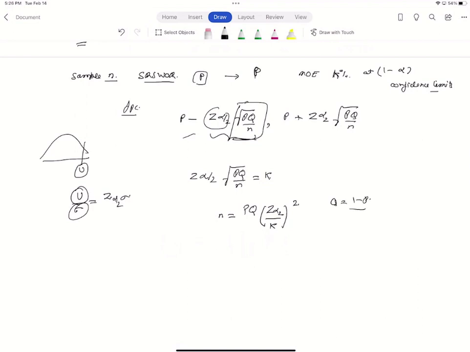But here is the problem with any of these sample size calculations: we need to have some idea of the p. Without at least some idea of the p, we cannot estimate.